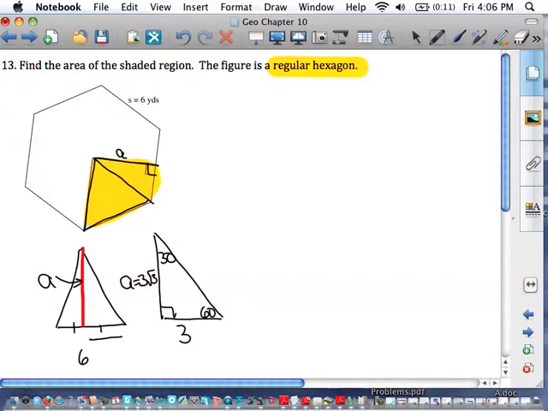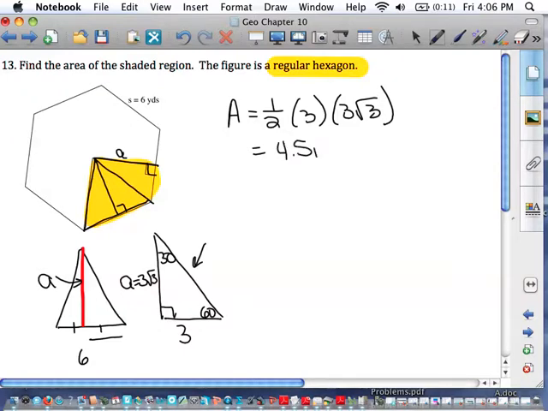So you can think of this as actually 3 congruent triangles, can't you? So you could look at it that way and just find the area of this particular triangle. The area is equal to 1/2 the base, which is 3, times the height, which is 3 square root of 3. So the area of one of those is going to be 1/2 of 9, or 4.5 square root of 3.